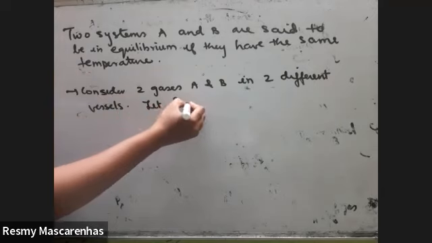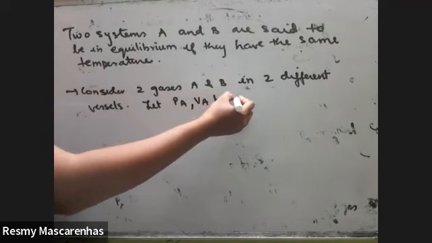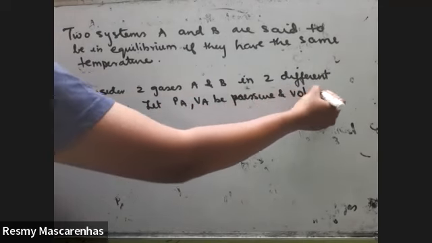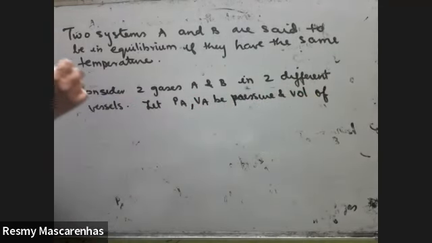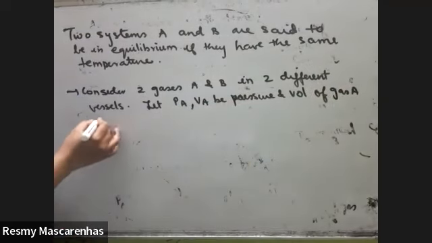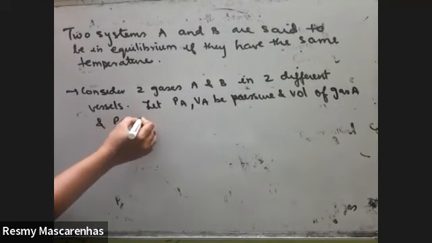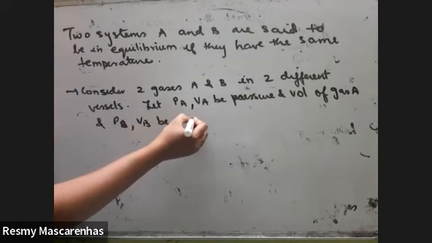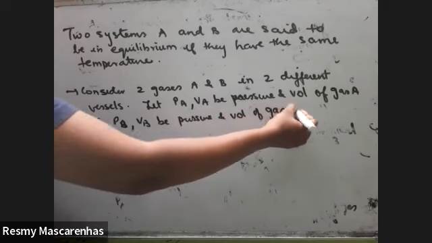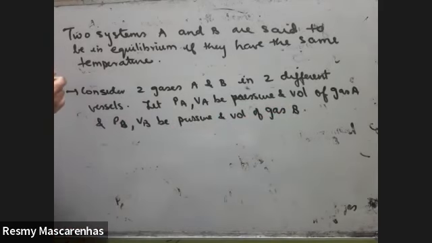Let PA, VA be the pressure and volume of gas A, and PB, VB be the pressure and volume of gas B. So in the first case, what is happening?